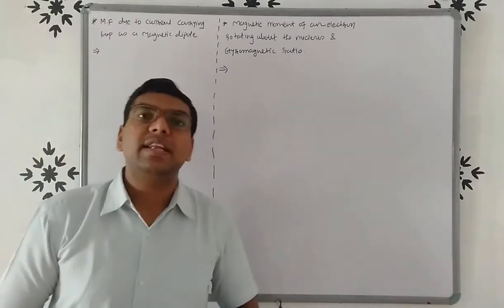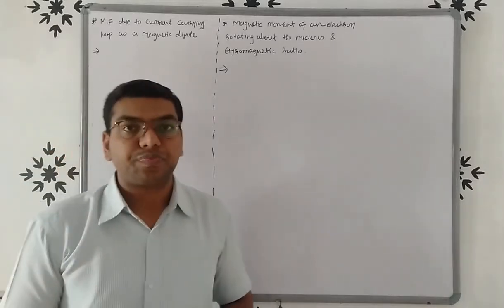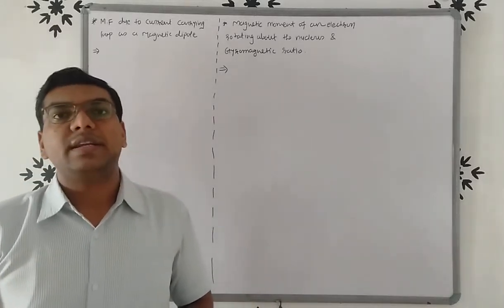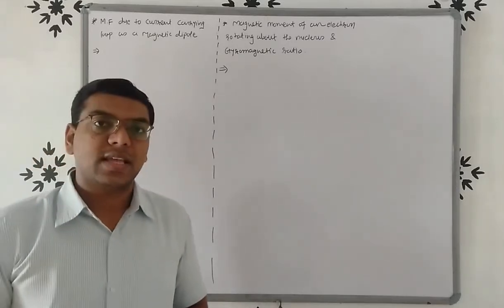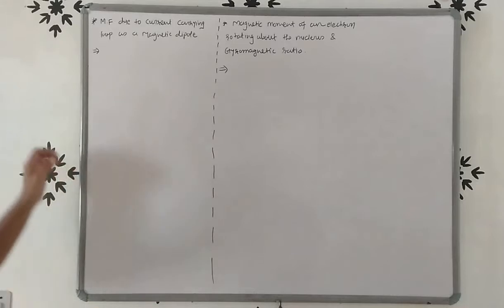Now we already know that for a current carrying loop, the magnetic field on the axis, we already derived the formula.